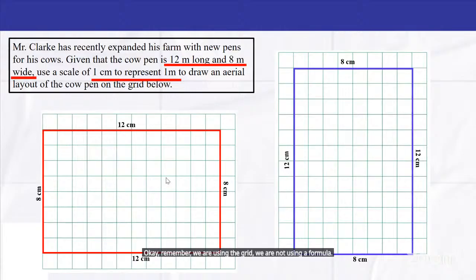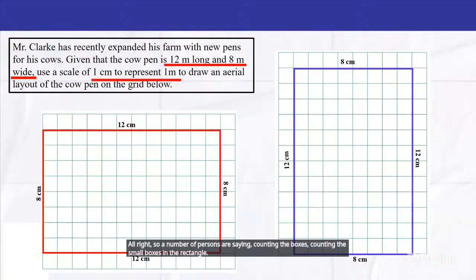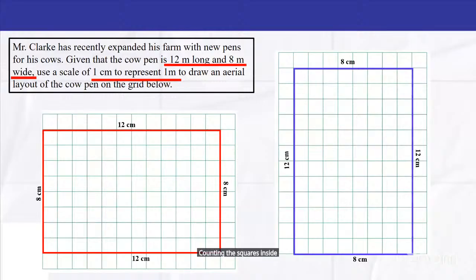How can we find the area from the grid? What do we mean by area? All right, so a number of persons are saying counting the small boxes in the rectangle, counting the squares inside. Wonderful. Thank you very much. So if we count the squares on the inside, that will give us the area.